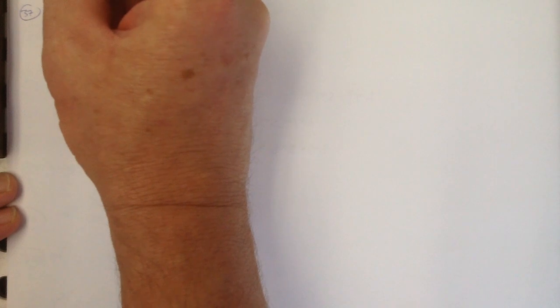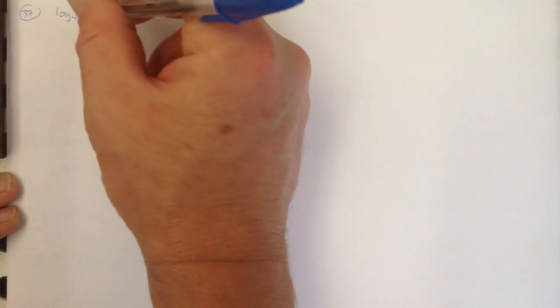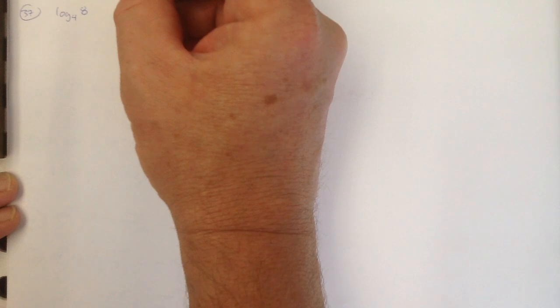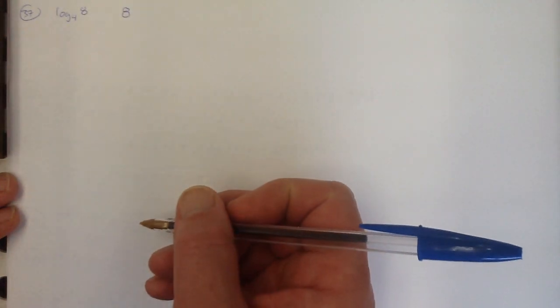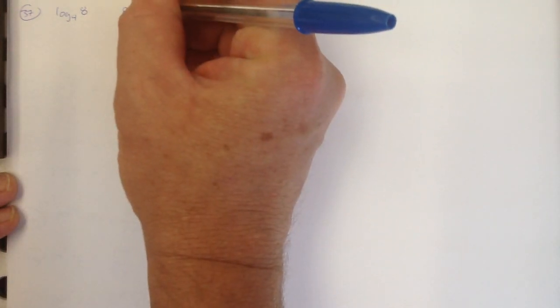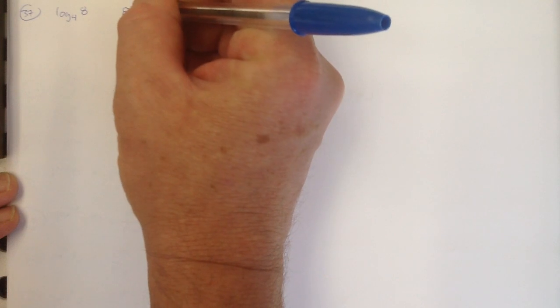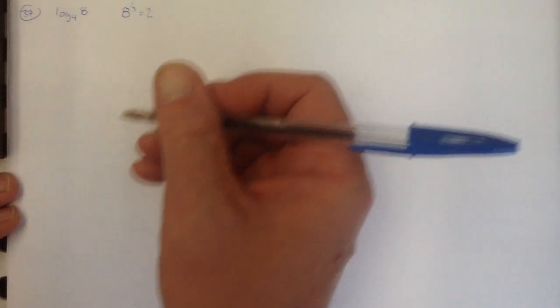Log base 4 of 8. So 8 is equal to 2. Well, let's see. I guess what they're looking for is how do you turn 8 into 4 using exponents? Well, the cube root of 8 is 2, right? 8 to the 1/3 is 2.